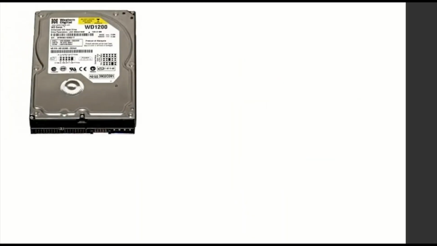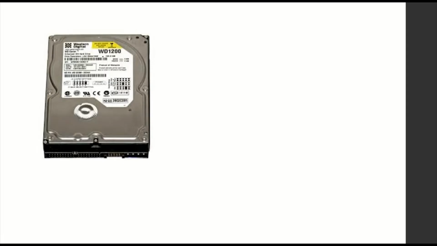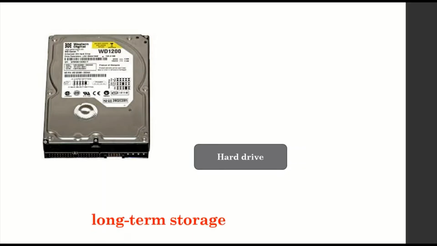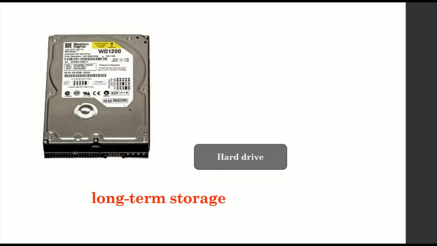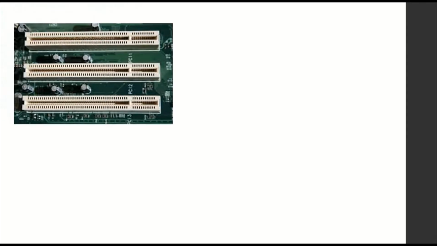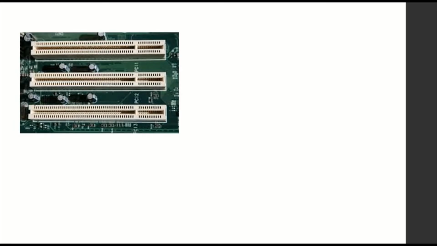The next component we are talking about, among the ones found inside the system unit, is the hard drive. The hard drive provides long-term storage, keeping all of the computer's data even when it is turned off. On many desktop computers, the motherboard has expansion slots.